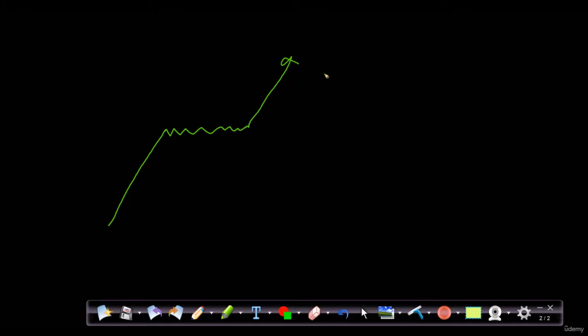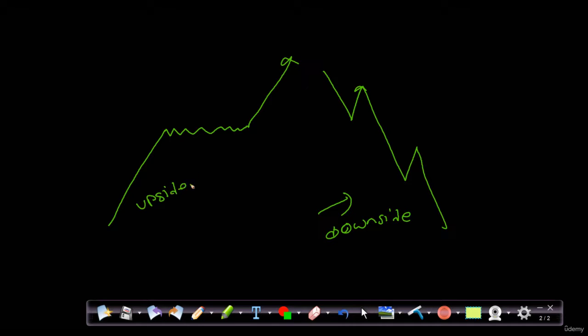For the downside, the market will start moving downside, but it will give unnecessary moves like a retest, like this type of pattern. Whenever downside happens, this type of pattern happens, and whenever upside is happening, this type of pattern will happen, especially if the stock is too volatile with lots of volume.